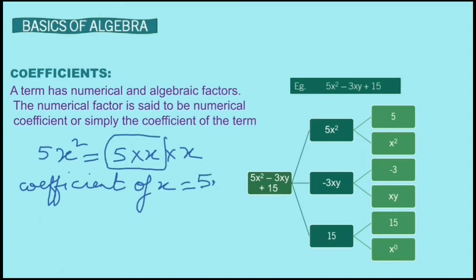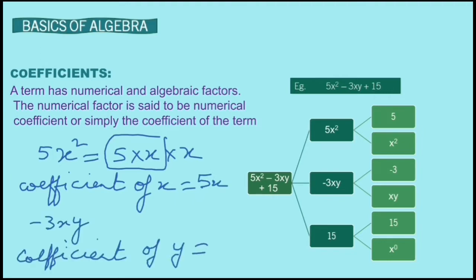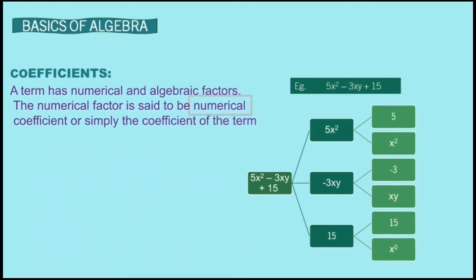Similarly, in the term minus 3xy, what would be the coefficient of y? It will be minus 3x. So is it understood that we have to leave that particular part whose coefficient we are finding and we have to take the remaining part of the term. But in general, when we are saying coefficient of a term, then it is only the numeric part.